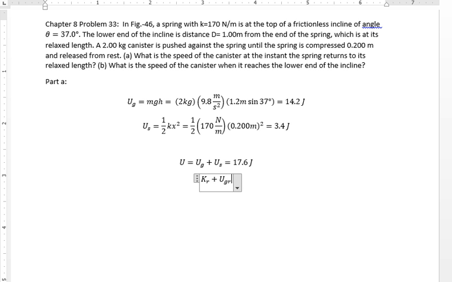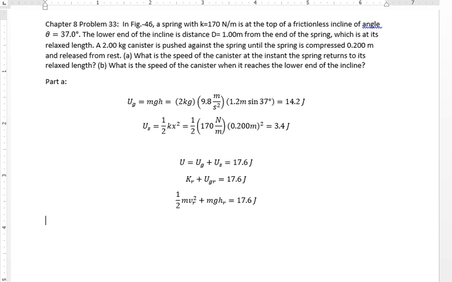At this point, there is no longer any energy stored in the spring. We've gotten all of that energy out of the spring. So this is 1/2 m v at the release point squared plus m g h at the release point equals 17.6 joules.